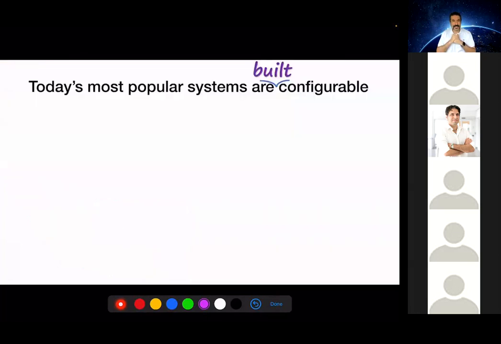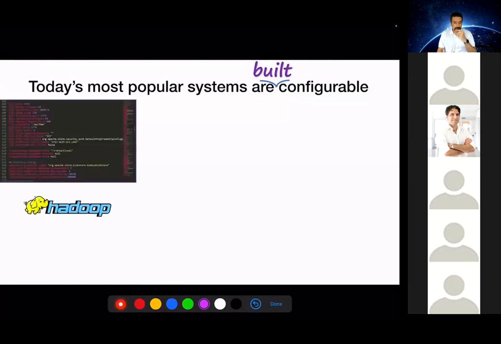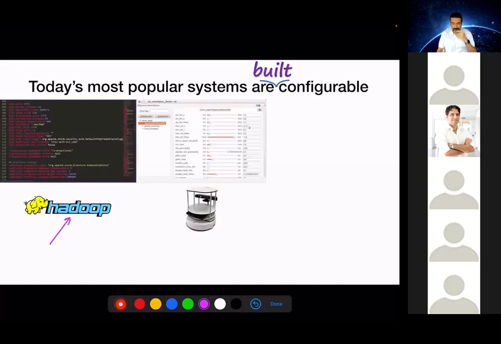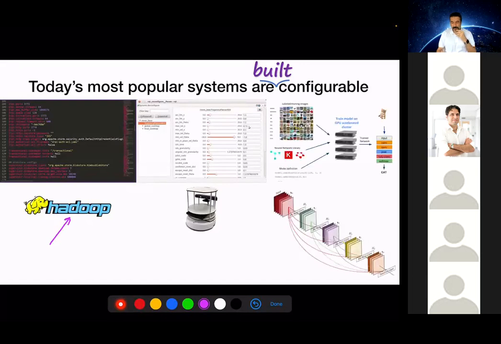We know that these days many systems are built configurable, from big data systems such as Apache Hadoop to robotics. And more recently, as I mentioned, these machine learning systems expose a bunch of different configuration options that the end user can configure.